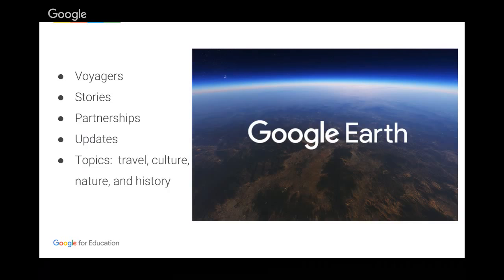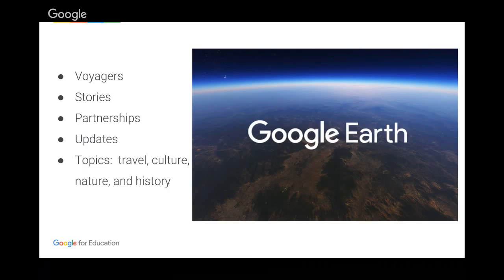What I really love about Google Earth is that it's really current in the world today. When Hurricane Katrina hit, they actually did a voyage of that. You could see the track the hurricane went through, and you could see some of the devastation. So it gives that really good up-to-date live feed to kids about what's happening.